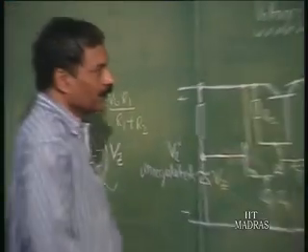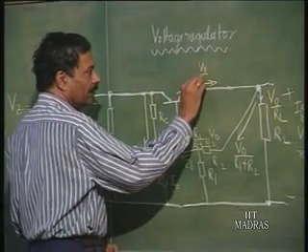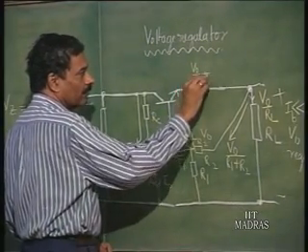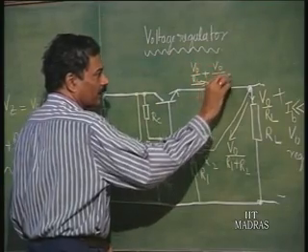Next, this current is nothing but V naught by R L plus V naught by R 1 plus R 2.